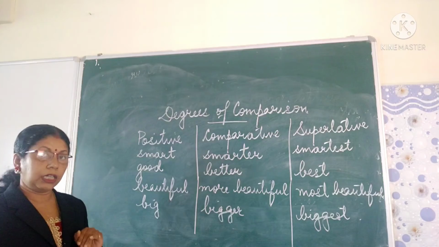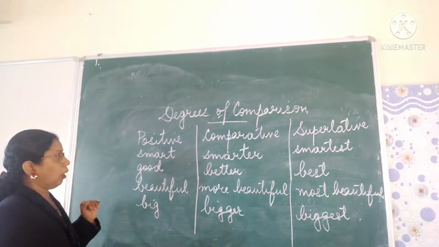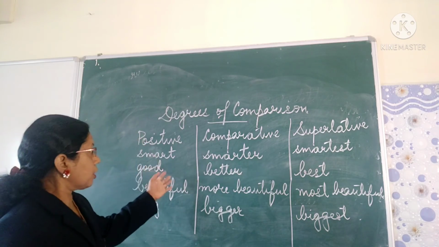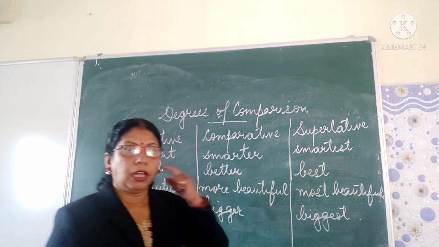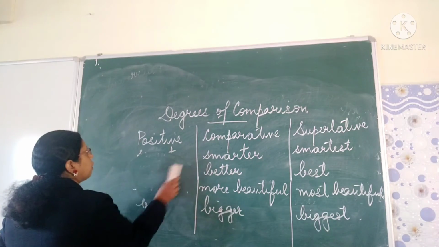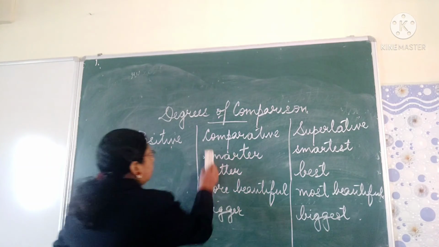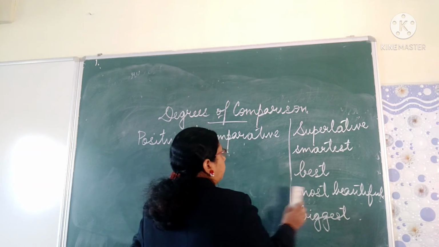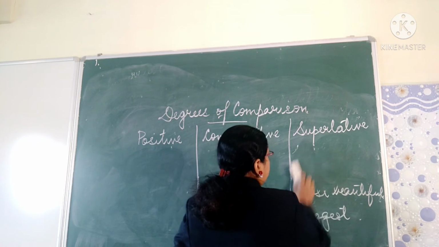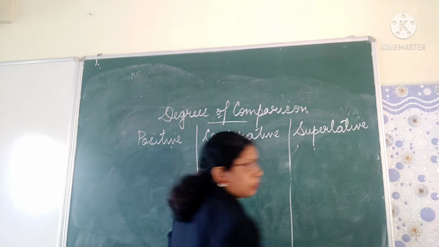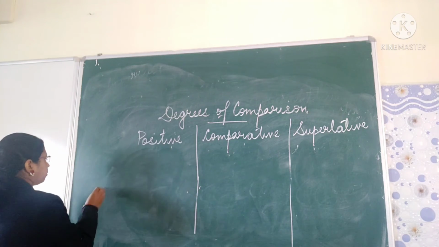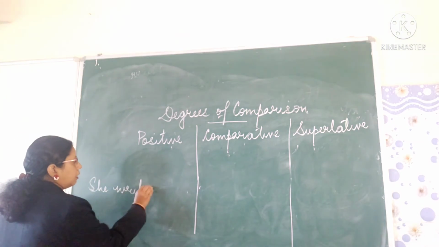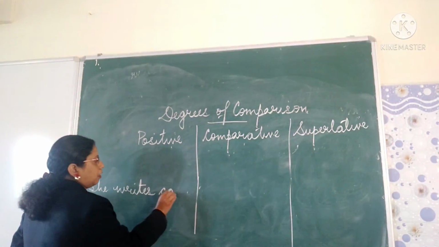Now let us do adverbs. Adverbs also have the same categories: positive, comparative and superlative. In a sentence, you first have to identify the adverb, and then we can make it into comparative and superlative. Like here, she writes carefully.